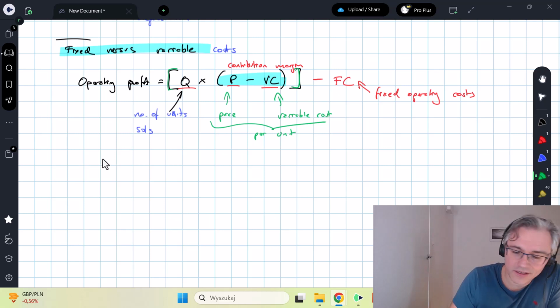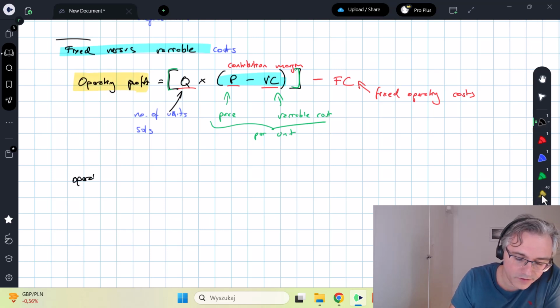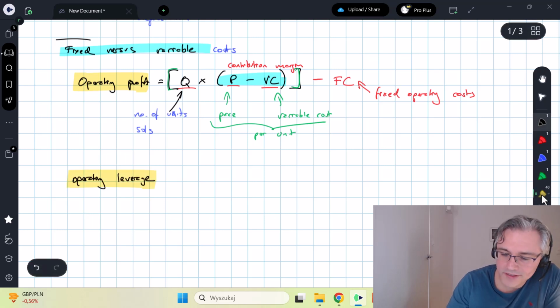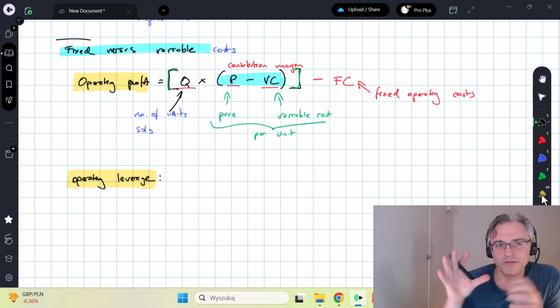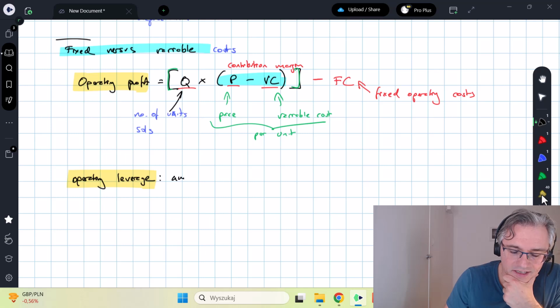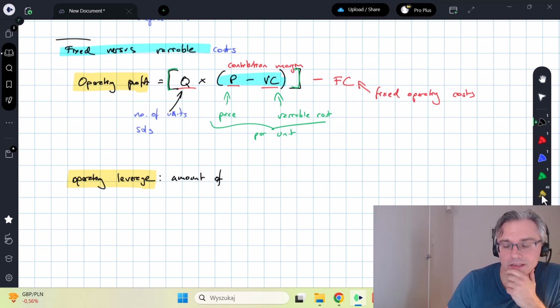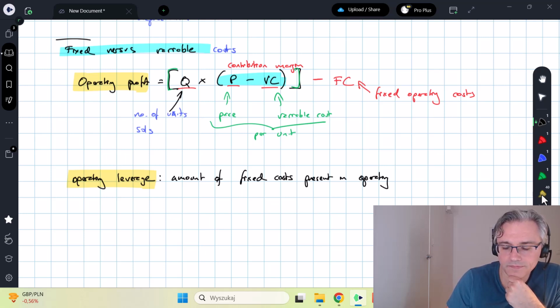Now, additionally to this idea of operating profit, we also have the concept of operating leverage, which, once again, in the past used to be a big thing in the exam. Nowadays, it seems to be constrained to a few sentences. Okay, fine. This is the amount of fixed costs that are present in the operating cost structure of a business.